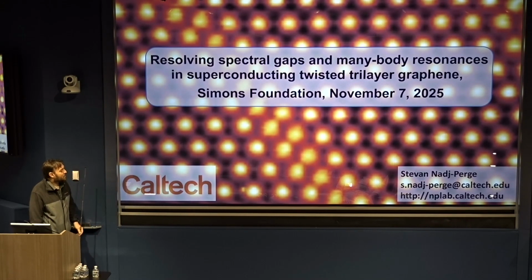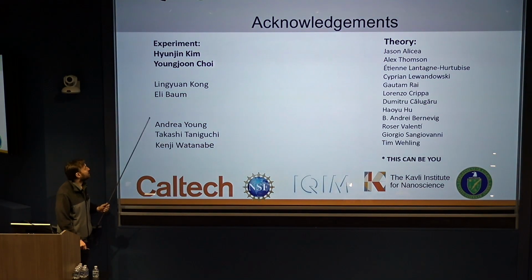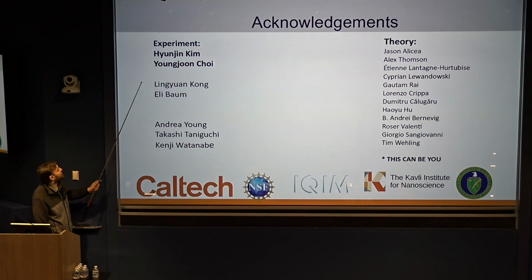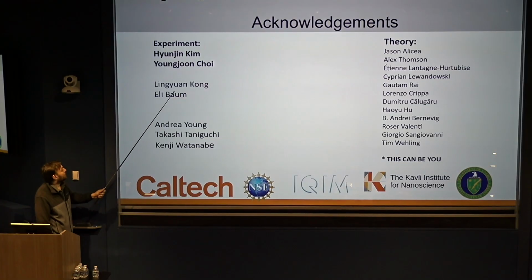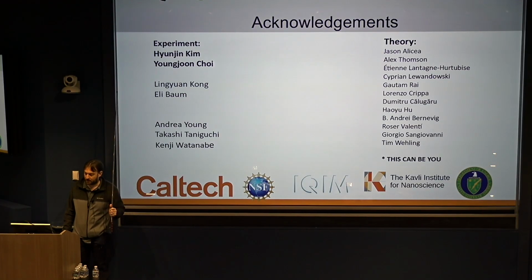before. So I will first start by acknowledging that all the experiments that I will show you were done by my former PhD students, Hyunjun Kim, who now moved to Cornell, and Youngjun Choi, who, after finishing at Caltech, went to Andrea Young's lab, and now he's a professor at Cornell.